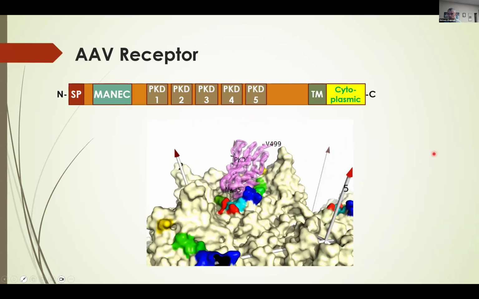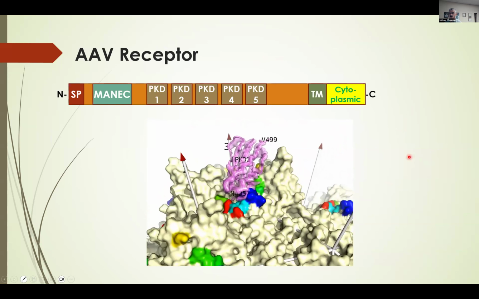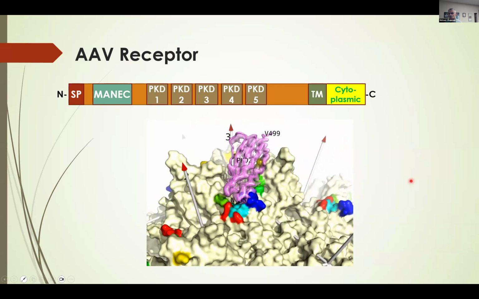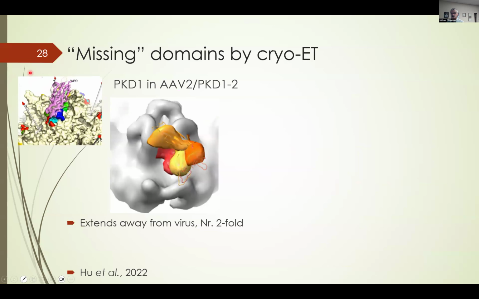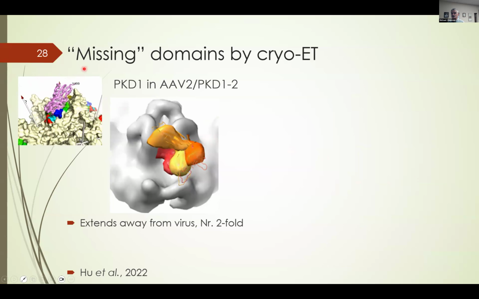Our first structures were actually led by Nancy Meyer again. And what Nancy saw was just a single domain bound to the viral surface.